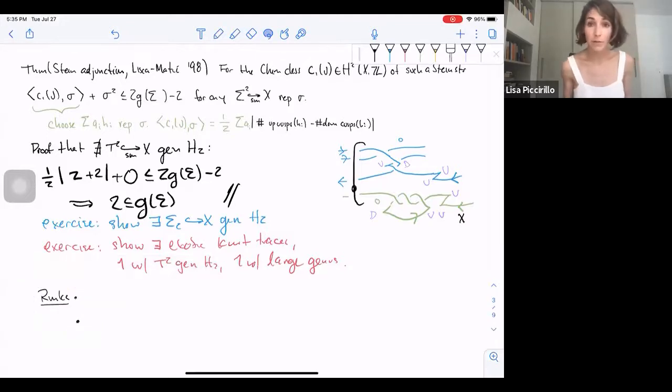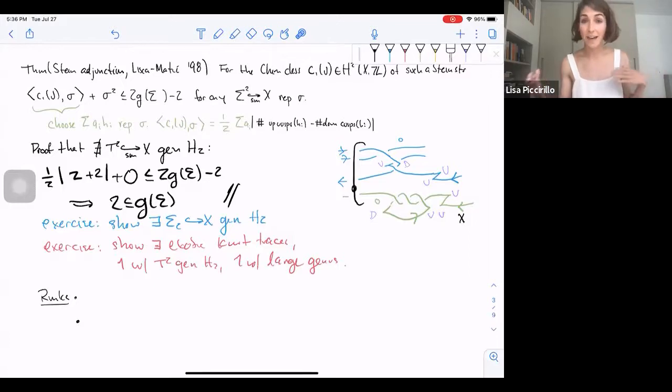I wanted to make a couple of remarks about it before I move on to a corollary. So the first remark is we use this adjunction inequality for Stein 4-manifolds. And the reason this is the adjunction inequality that I gave you for this lecture series, and the reason it's my very favorite one, is that it's incredibly easy to use, right?